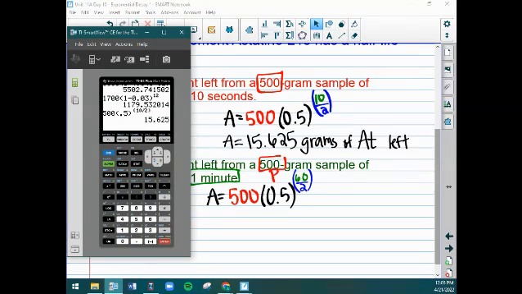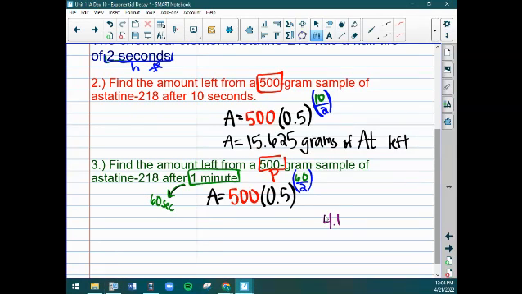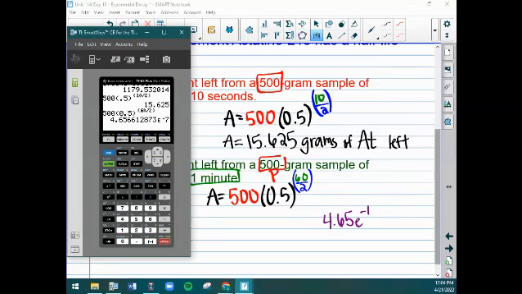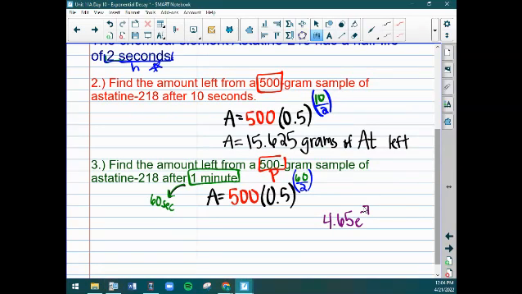Right? So now we do 500 times 0.5 to the power of, in parentheses, 60 divided by 2, and we get a really small number. So this is actually a good opportunity to learn what this means, because we see this all the time. So if I have 4.65 e to the negative, what was that, negative 7?